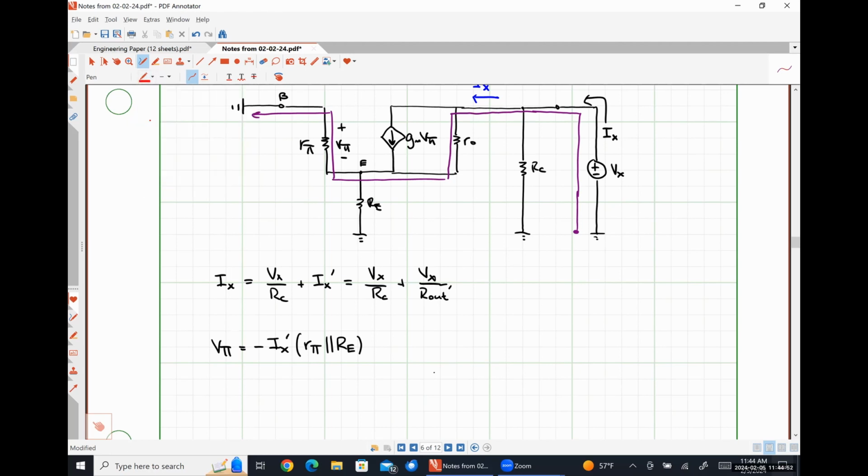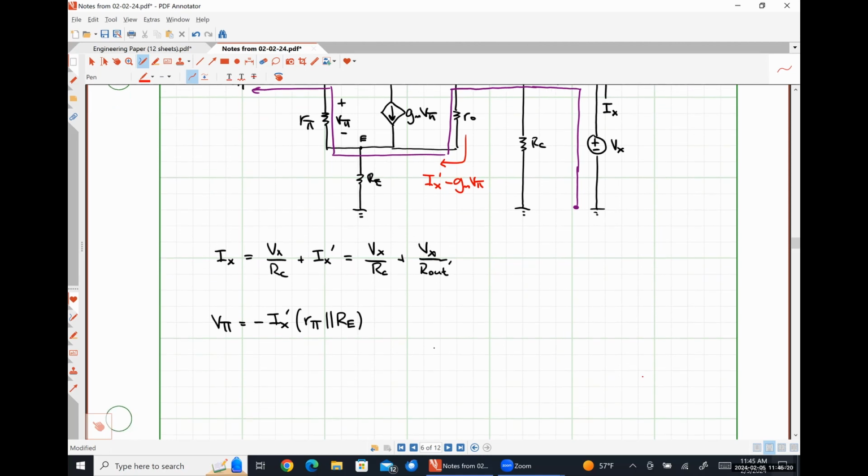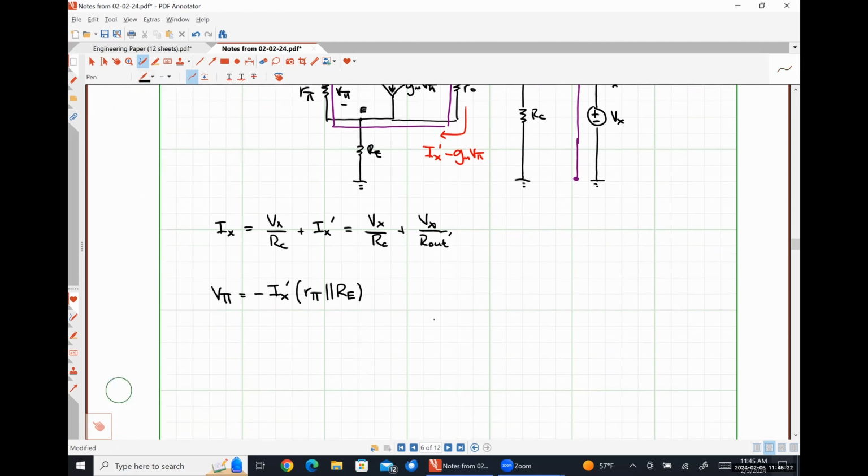Another thing I can do is notice that this current right here is just the current Ix prime minus gm V pi. So that I can find the voltage drop across that resistor r naught easily.